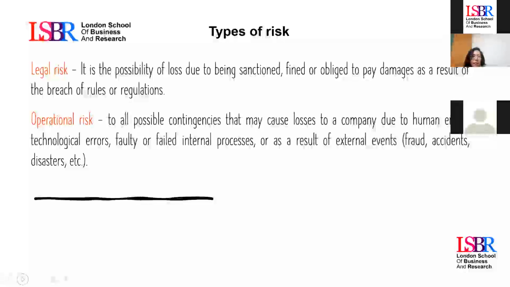This is legal risk. And operational risk is what will happen if, as an example, a company doesn't have employees: if one day the employees decided not to go to work, this is an operational risk, because obviously the operation of the company will be affected.